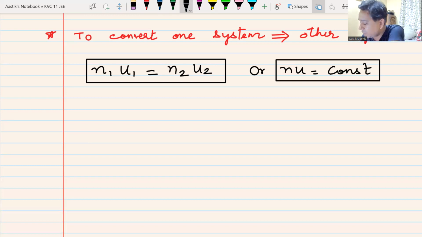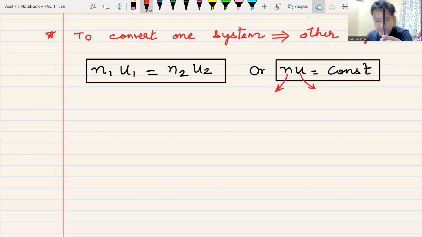What does N stand for and what does U stand for? N stands for numerical, U stands for unit. Well done. N stands for numerical value and U stands for the unit.